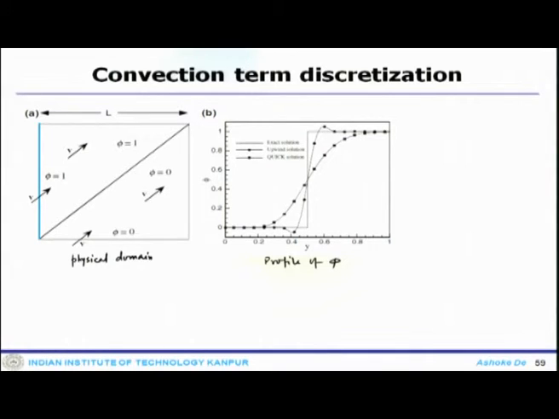This is along the central line in the y direction. In the physical problem, the velocity was oblique in the physical domain.